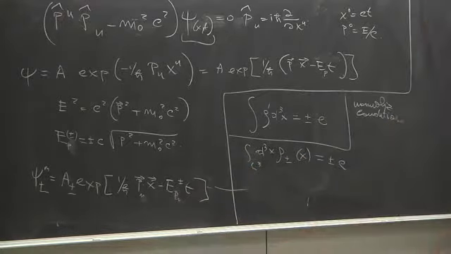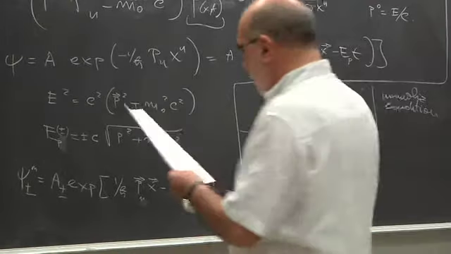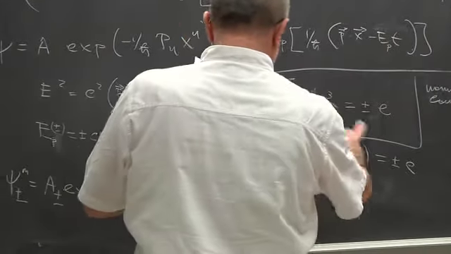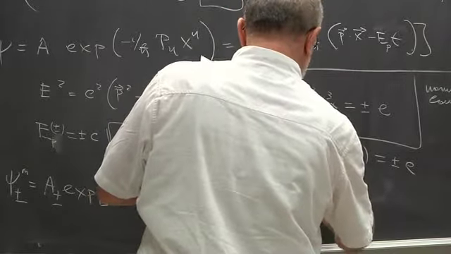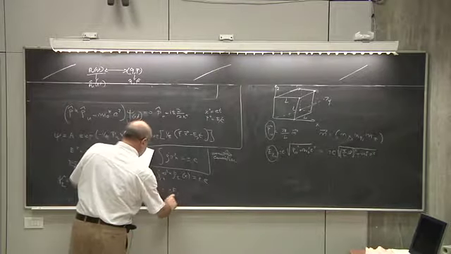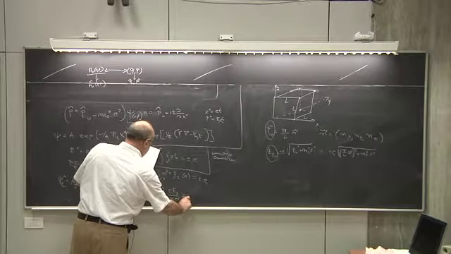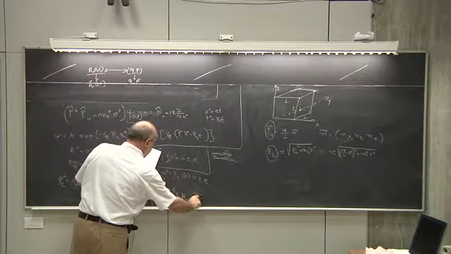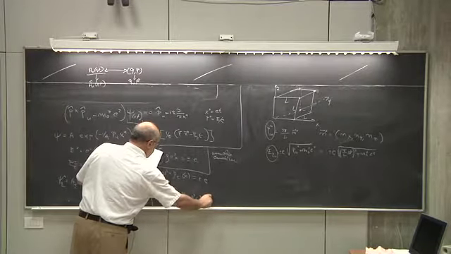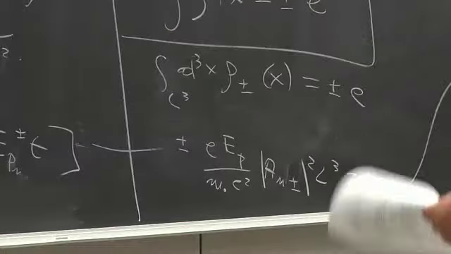So now in this expression the only things that I have are the integers, and if you do this calculation, you get plus minus E, E_Pn over M0 C square, A_n plus minus modulo square, L cube, which must be equal to plus minus E, and from here you get the normalizing factor.